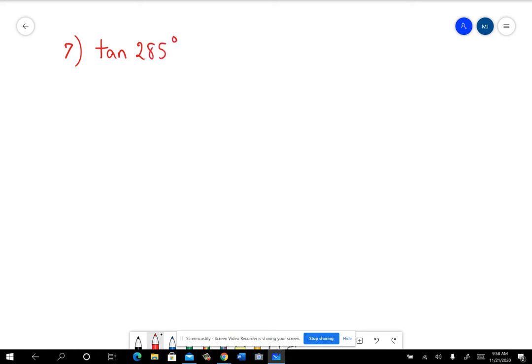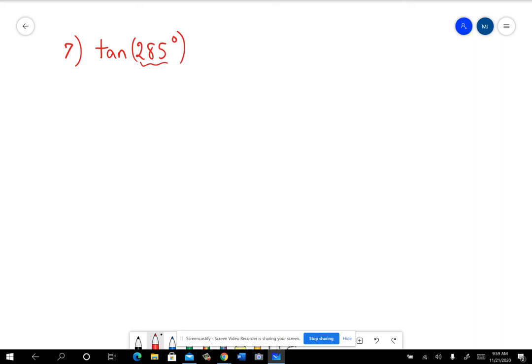All right, so when you're doing a problem like tangent of 285 degrees, you're not supposed to just plug it into a calculator. What you do is you think about angles on the unit circle that you could use that would wind up being 285 degrees. A lot of times there's more than one option.